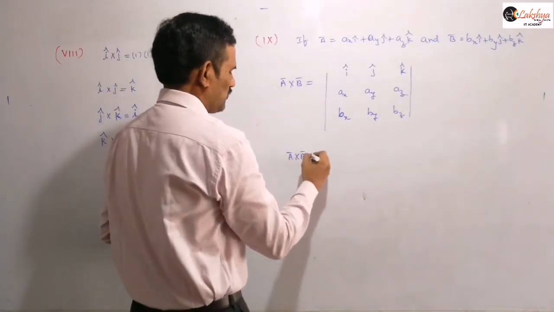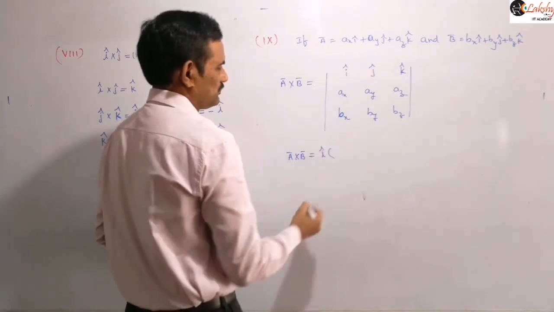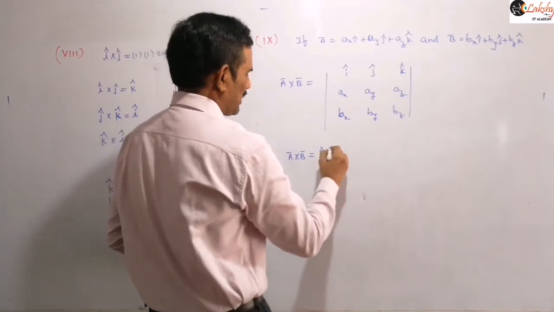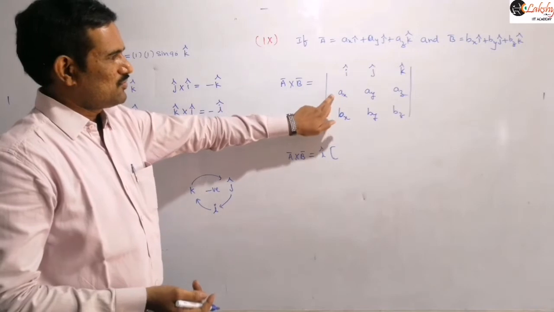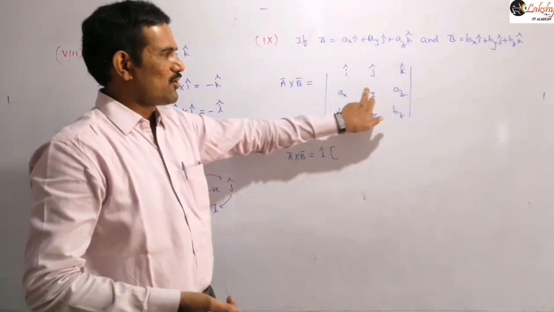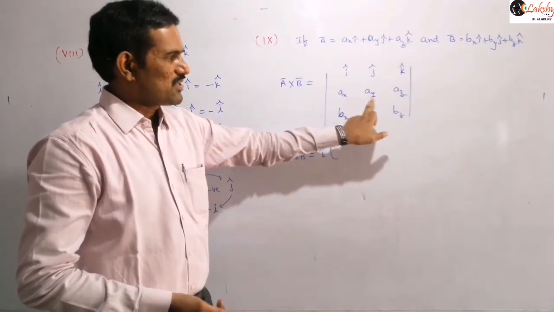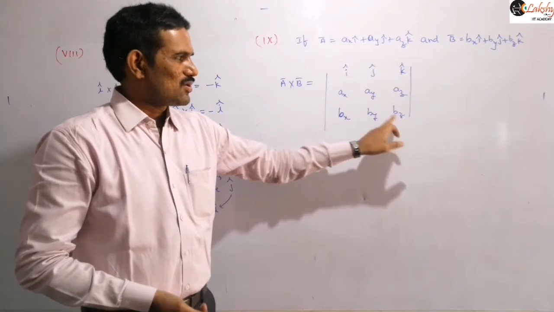I think the majority of you know this finding. I am finding like i cap into, so when you are writing this, we need to neglect this column and this row. Only these 4 are there. So for those 4 we first multiply in this order and then this order, and write this order minus this order.